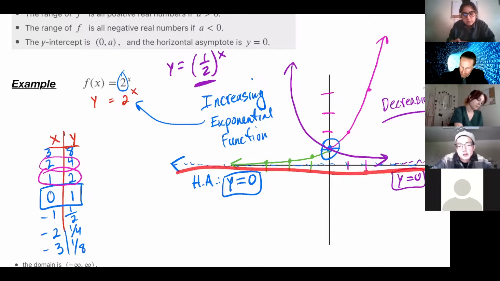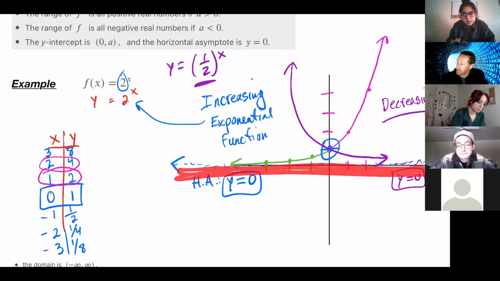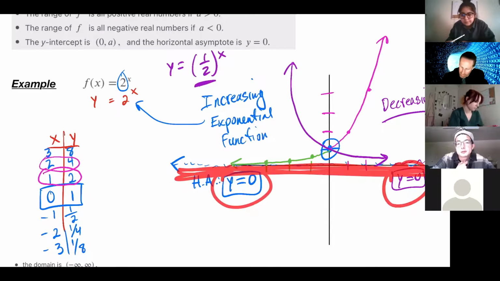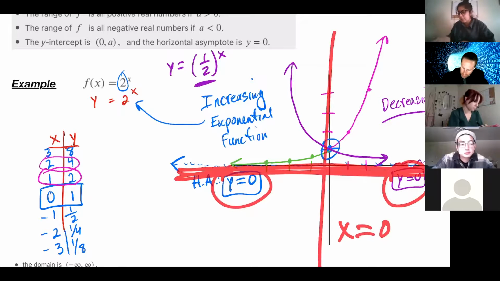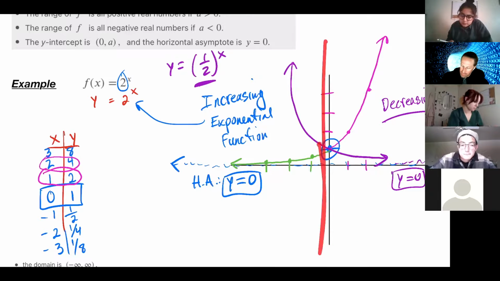If it's y equals 0, it's going to become vertical. Yeah, it's going to become x equals 0. Remember, logs come from trees, straight up and down.